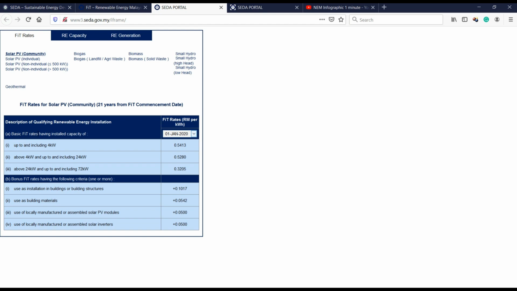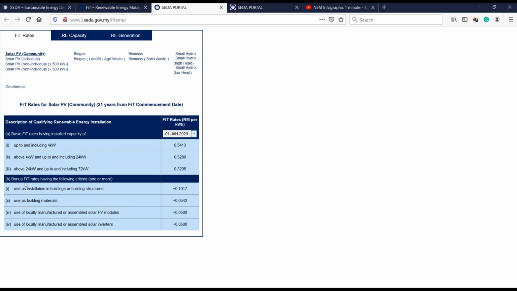Basic FIT rate, up to and including 4 kilowatt, is about 54 cents ringgit Malaysia per kilowatt hour. Above 4 kilowatt until 24 kilowatt, about 0.52. Above 24 and up to 72 kilowatt, about 0.32 ringgit Malaysia per kilowatt hour.